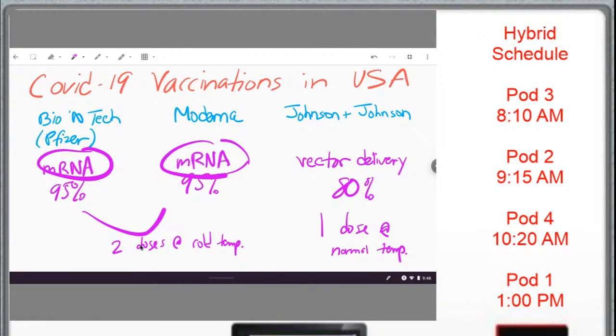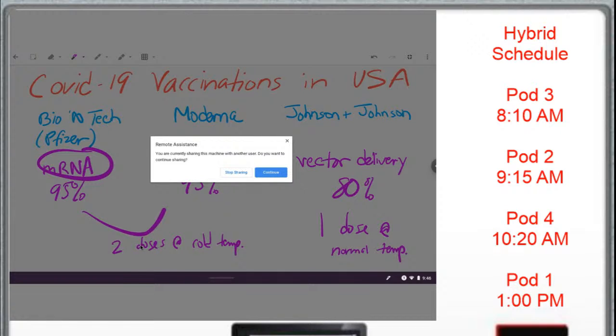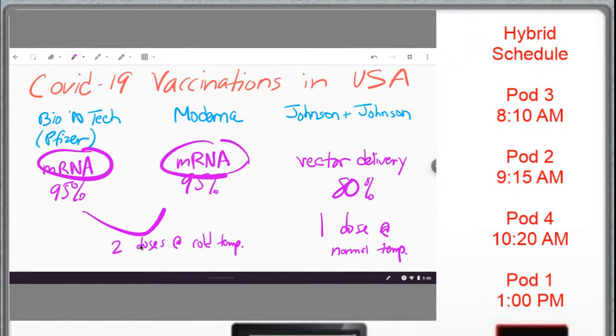So if a virus decides to mutate its spike protein, Moderna and Pfizer or BioNTech, all they have to do is change the code, update their vaccine, and ship it. And they're ready to go with a different dose, a different vaccine. And that's what Moderna is actually doing right now in response to the South Africa variant.